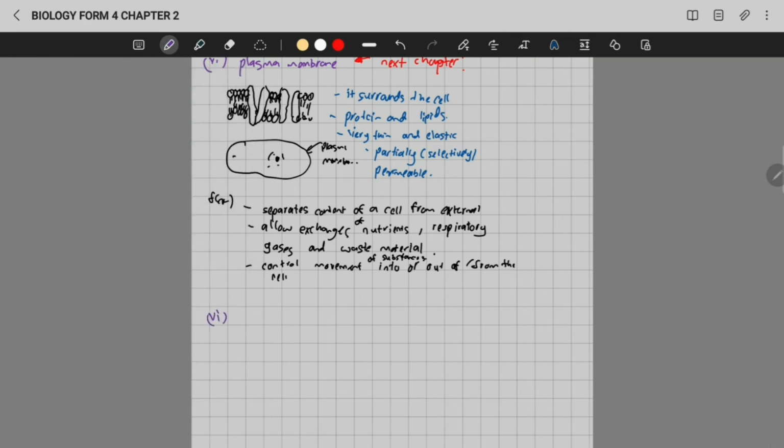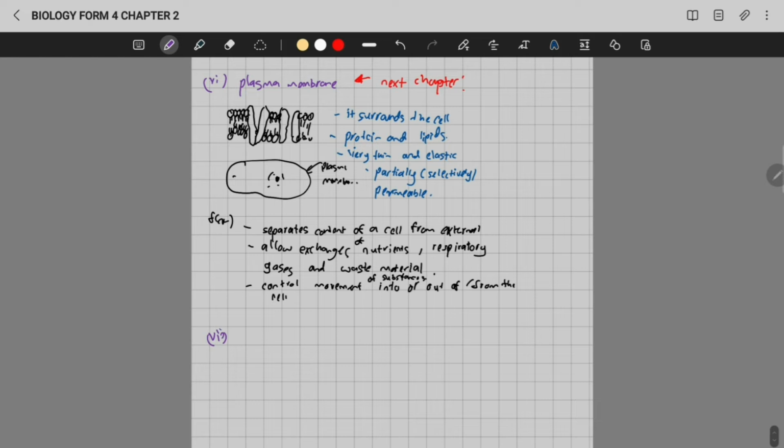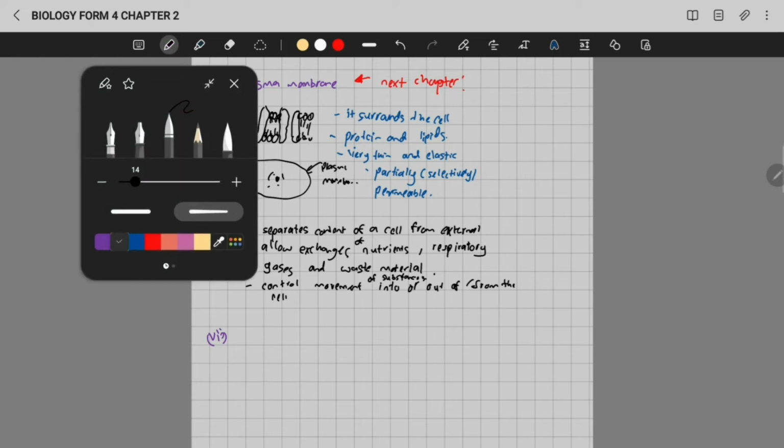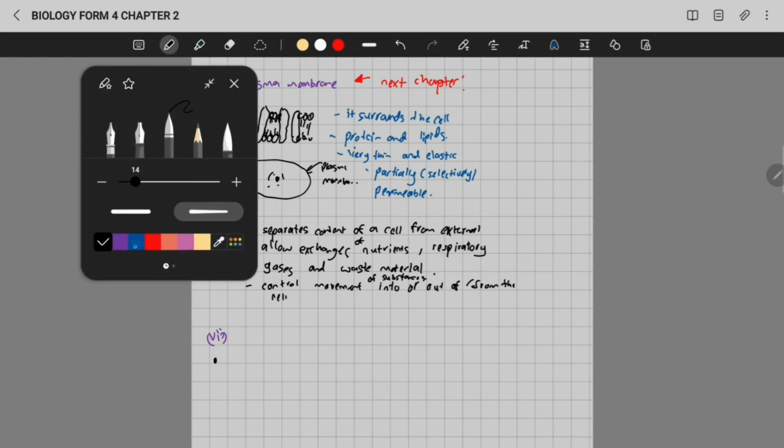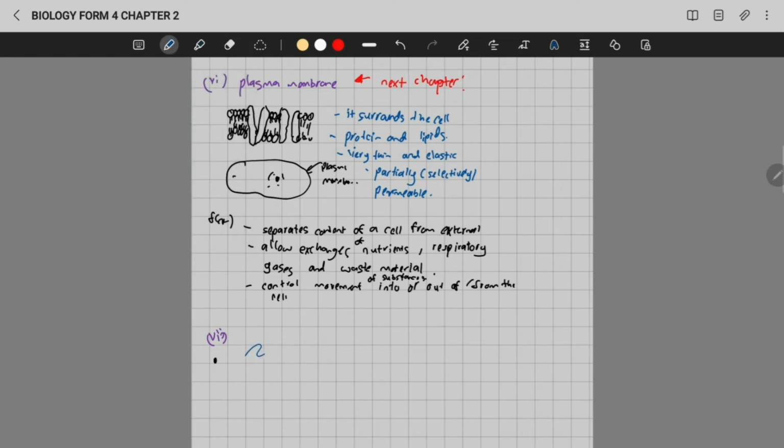Ribosome, the tiny cute dot-like thing. It's also of frequent shape. Small, complex, compact, and a spherical granule.